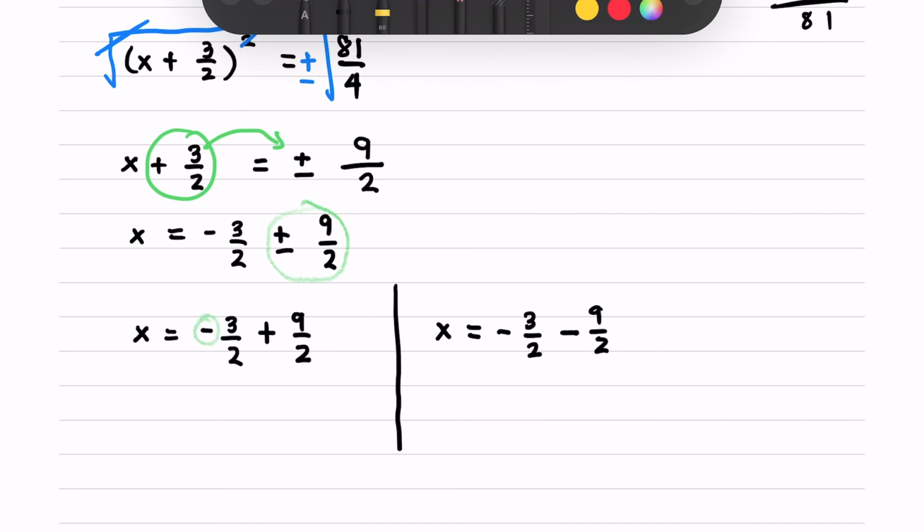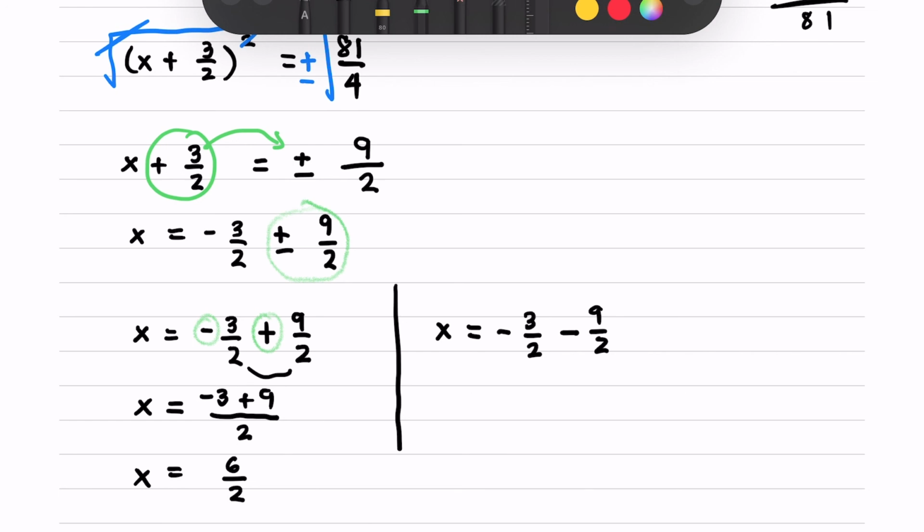So, since ito ay negative at positive, so kailangan natin mag-subtract. X equals, ang denominator natin dito, dahil parehas sila, so 2 lang yan. So, negative 3 plus 9. Anong magiging sagot natin? Subtract natin. We have 6 over 2.